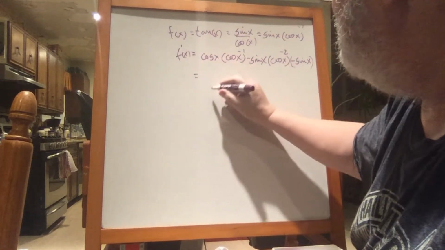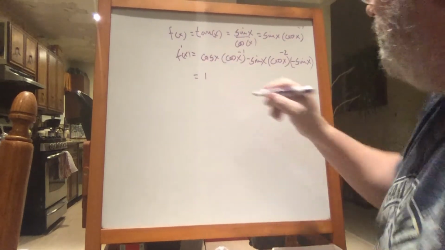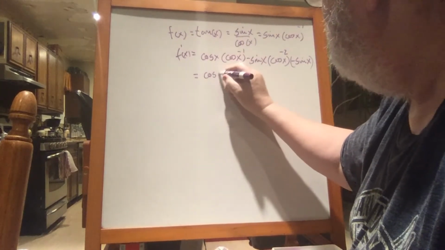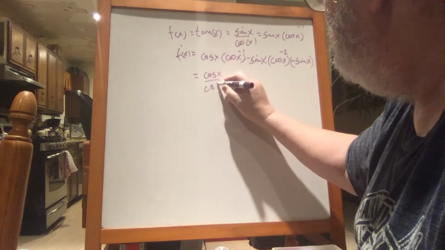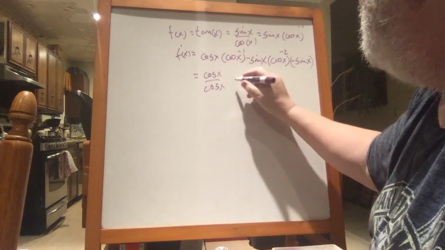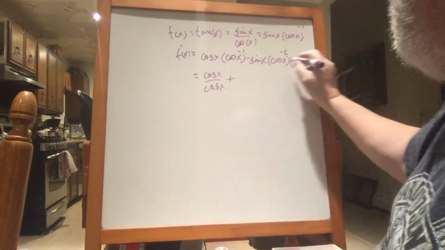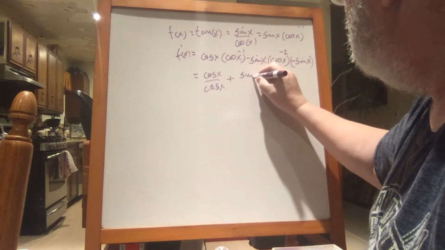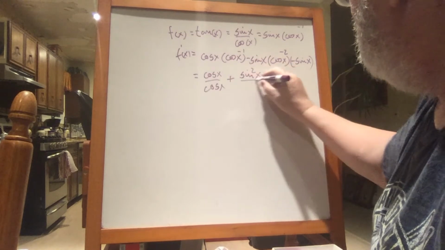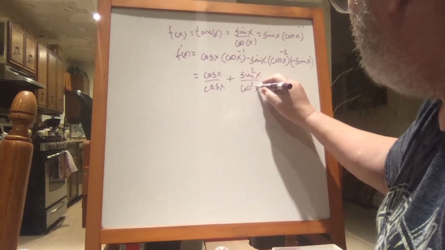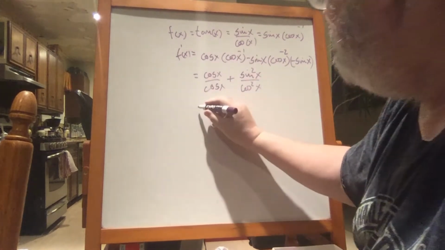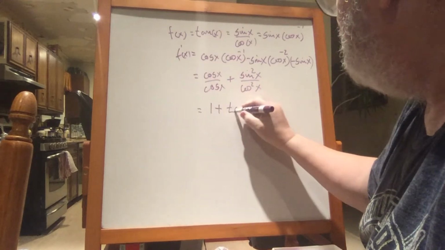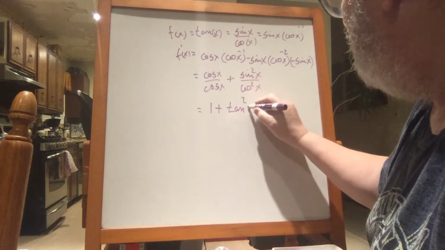So this is cosine of x over cosine of x, and that's minus is plus, sine squared of x over cosine squared of x, and that happens to be 1 plus the tangent squared of x.